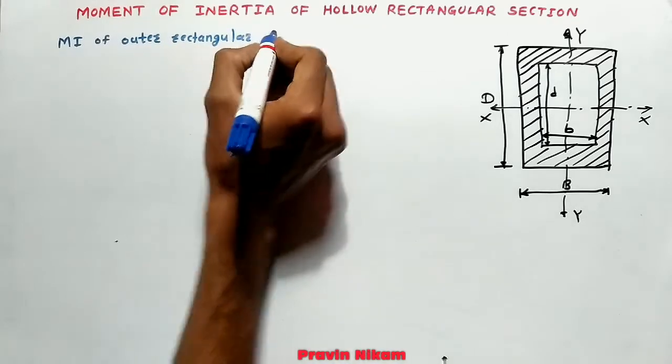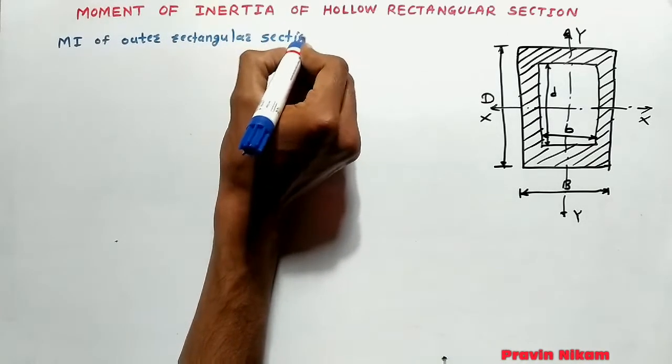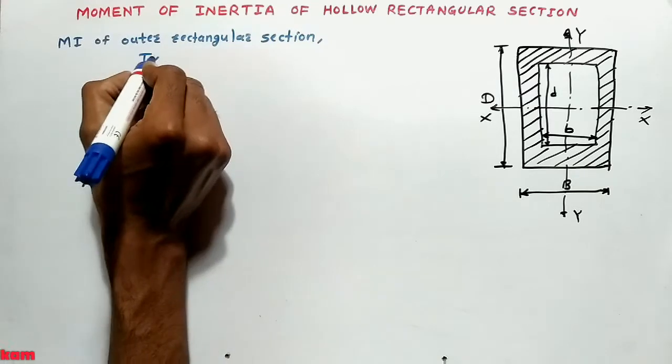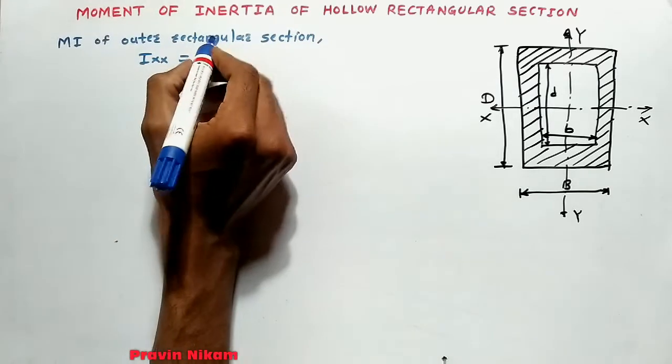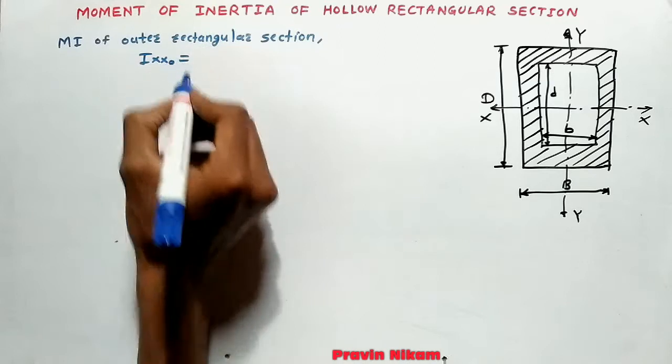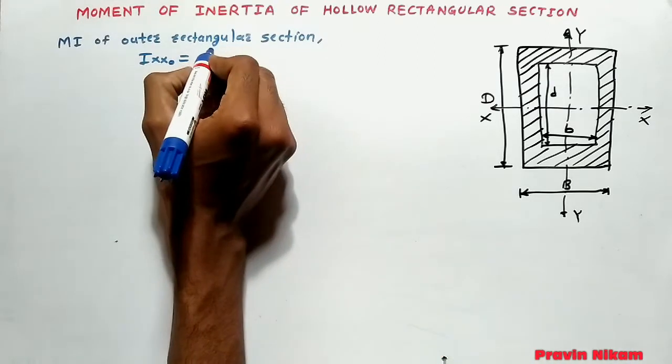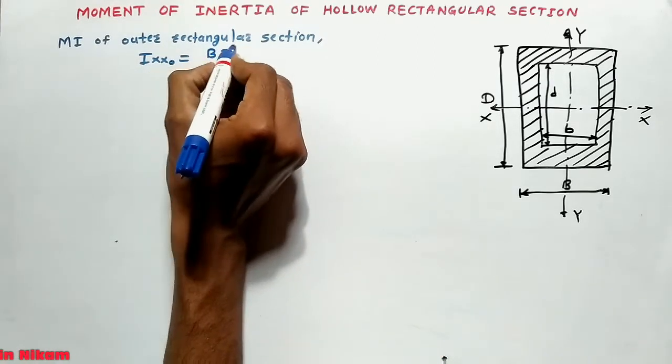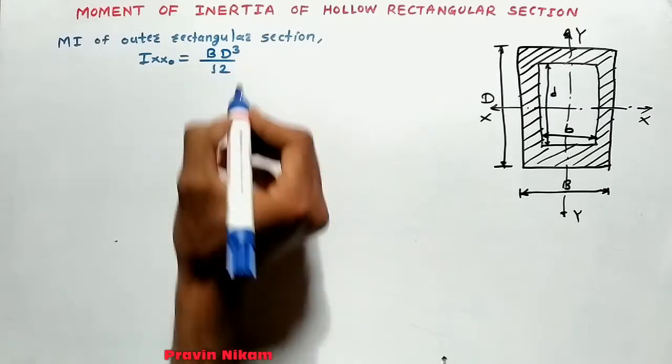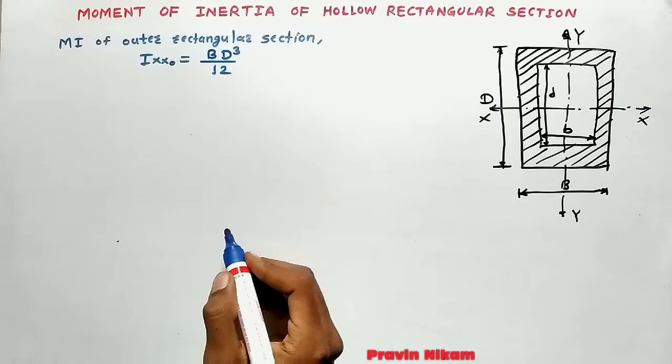I will take Ixx. So Ixx of the outer rectangle is BD cube divided by 12.